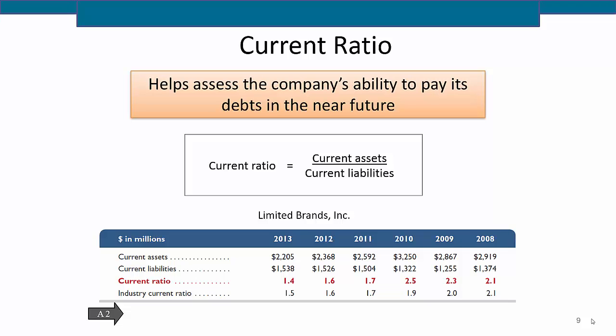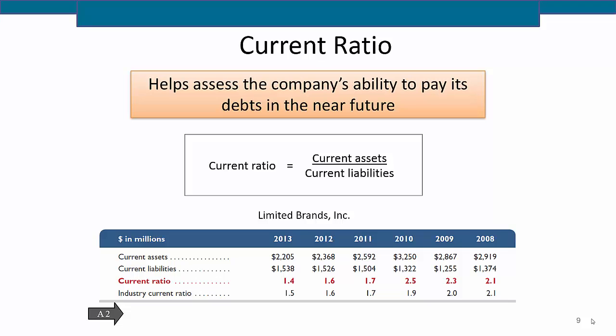And it also affects decisions by creditors when lending money to a company, including such things as the interest rate, the due date, and collateral requirements. Finally, the current ratio can also affect a manager's decisions about using cash to pay debts when they come due. The current ratio is calculated by dividing current assets by current liabilities.